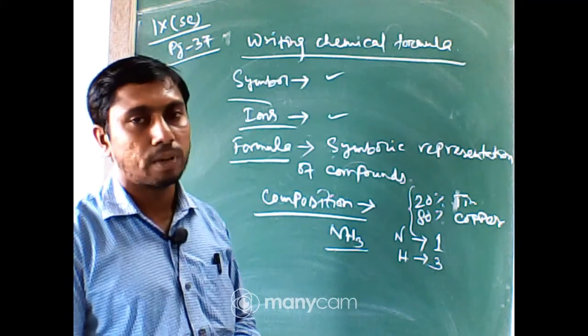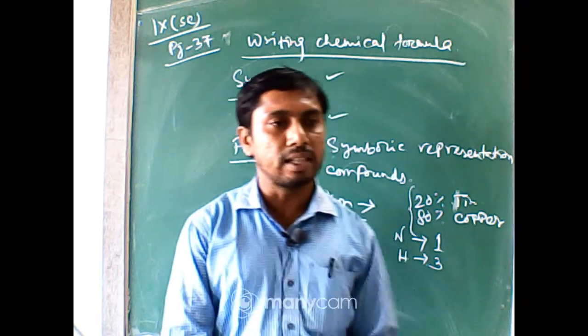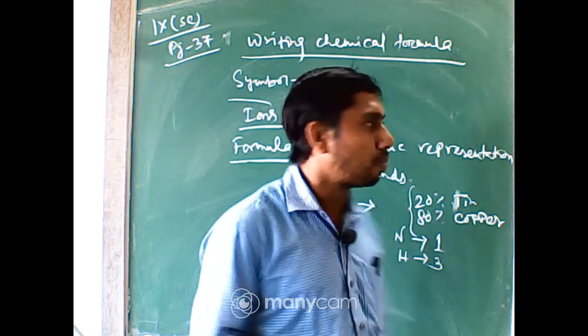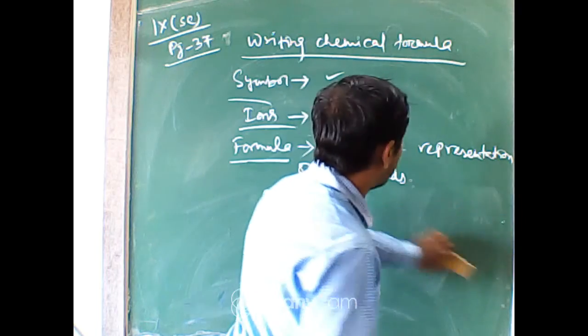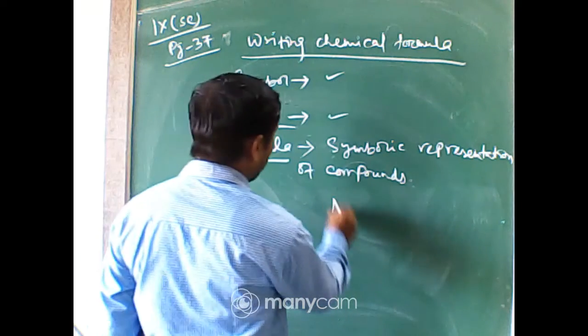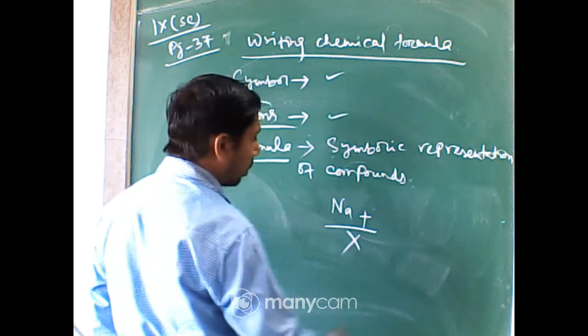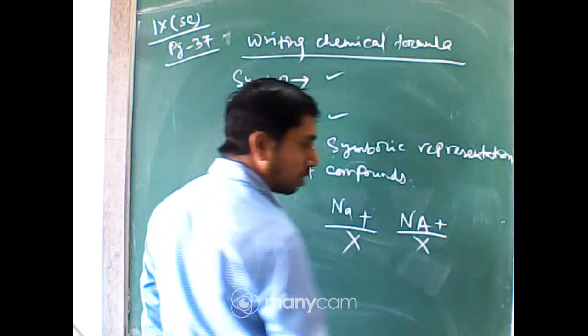Already some simple ionic forms were discussed, that is sodium Na+, calcium Ca2+, magnesium Mg2+, and you should represent them in the correct manner. Suppose Na plus written like that is the wrong one. Sodium plus is also the wrong one.